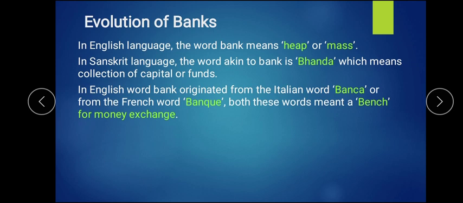Money lenders used to set up their bench tables and sit there with the currencies of different countries, and help other people, businessmen, to convert their currencies so that they could use them in different countries. So this is how it was happening.